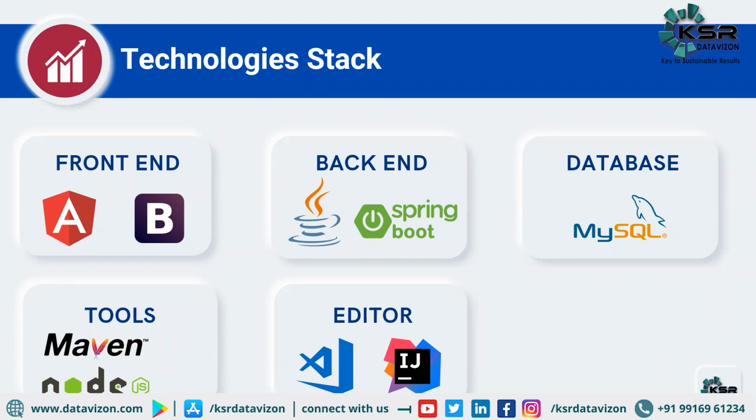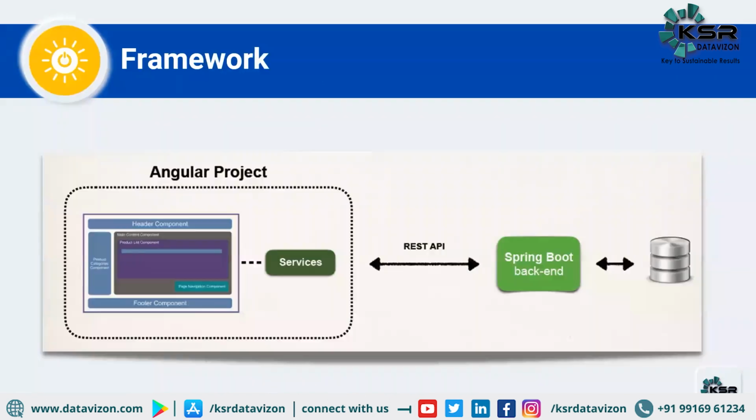For UI, we'll use Visual Studio Code. IntelliJ we will use for Java and Spring Boot. So these are the tech stack we'll cover. But before getting into front end in Angular, there are some prerequisites also. Okay, that we'll see.